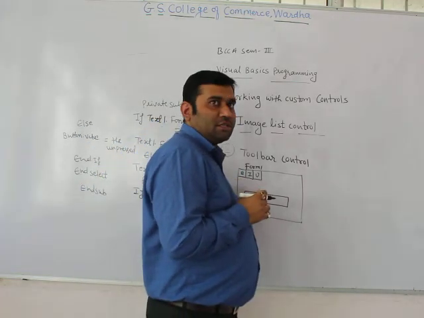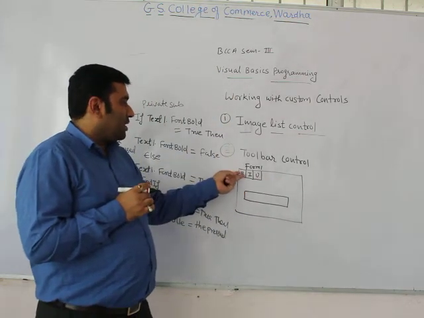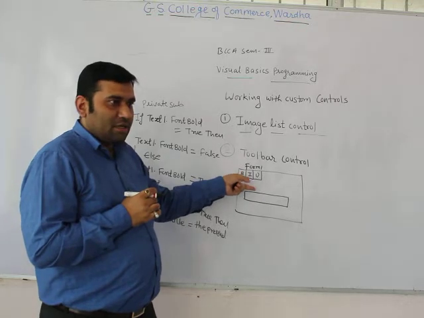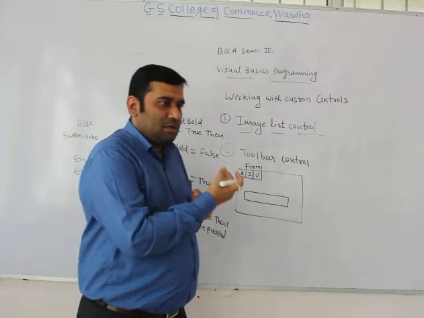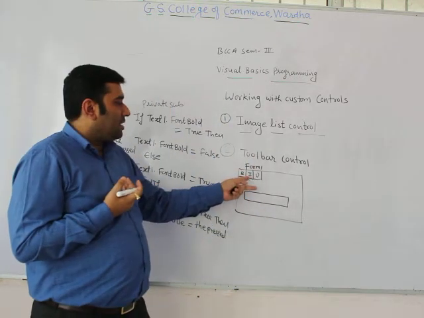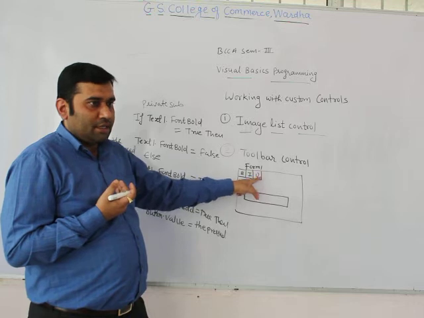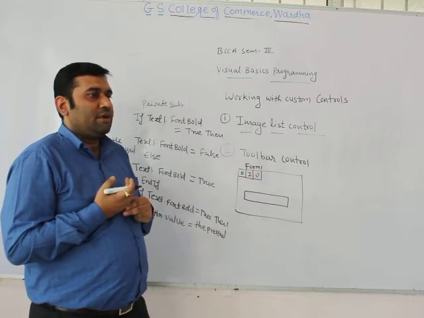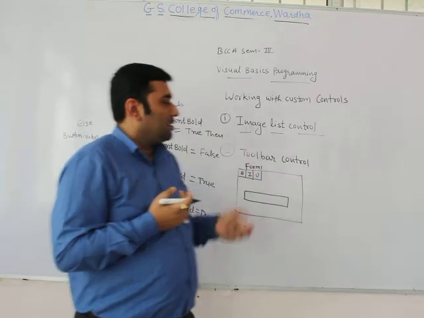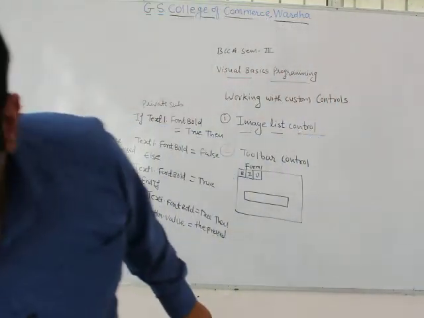Firstly it changes the text to bold, otherwise it goes to the second button, where the value is converted into italic, and then into underline. Bold, italic and underline change their values. In this way the toolbar control performs its operations.